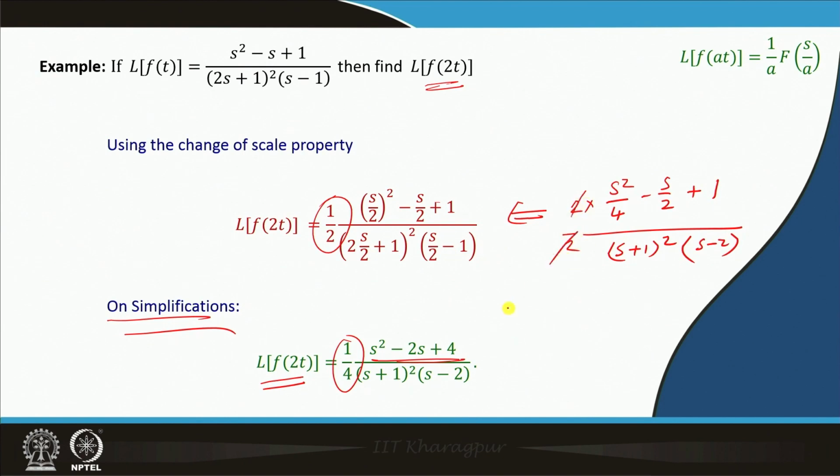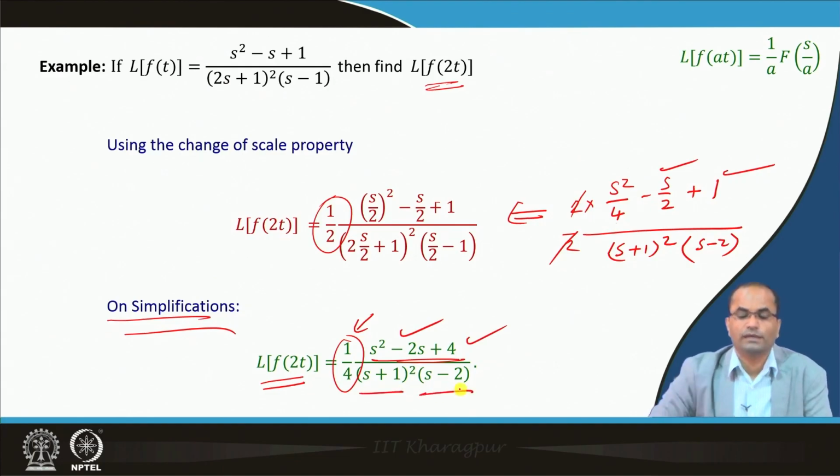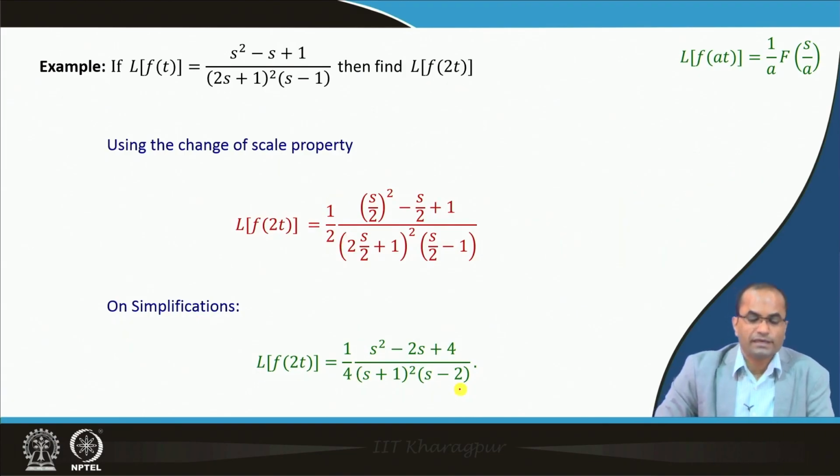So, this 2 gets cancelled and we take 1 by 4 common. We get (s square minus 2s plus 4) over ((s plus 1) whole square times (s minus 2))... it was a very simple application of this scaling property.